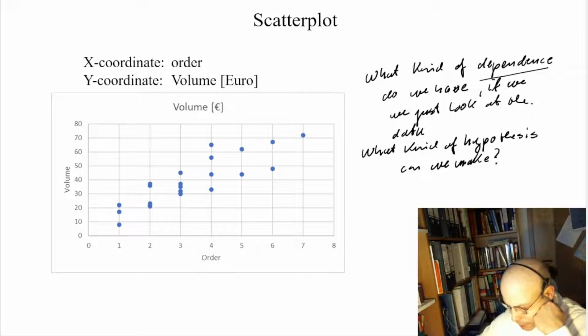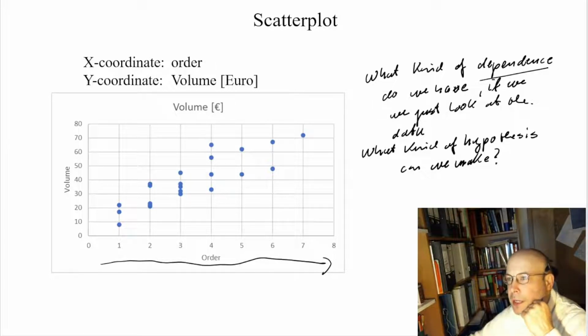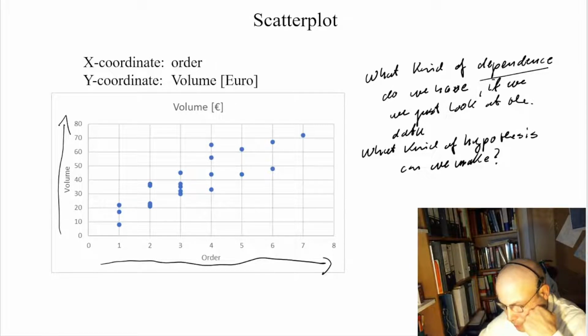So if you go here from left to right in order, so order increases, what happens then on average if you look at this plot for the variable volume?